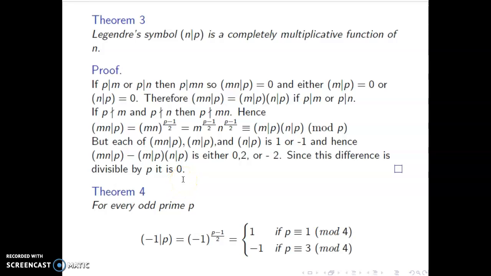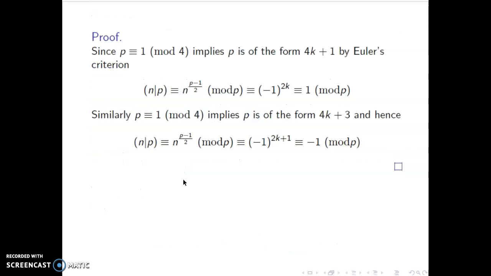The next theorem says that for every odd prime p, (minus 1/p) is equal to minus 1 raised to (p minus 1)/2, which is equal to 1 if p is congruent to 1 mod 4, and it's equal to minus 1 if p is congruent to 3 mod 4. Let's come to the proof of that.